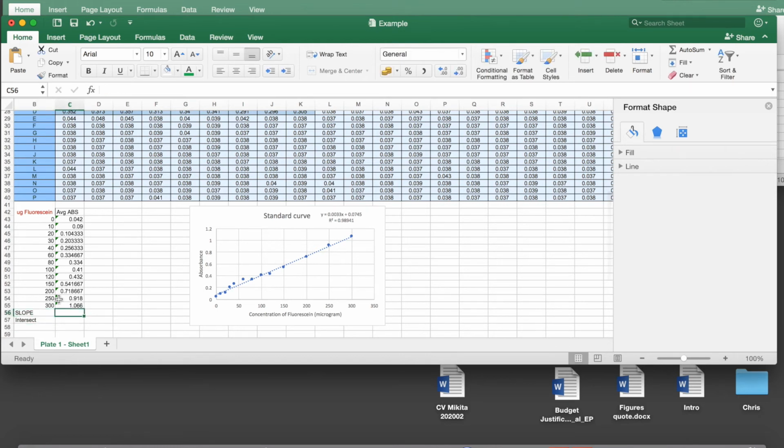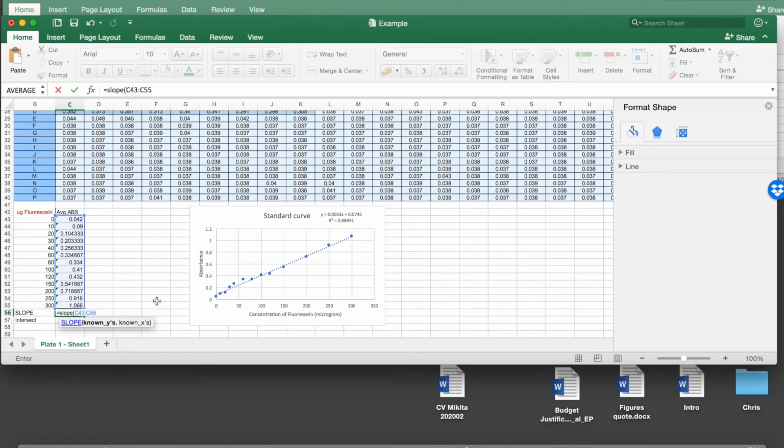So first we add the equal sign and then we write slope, open parenthesis. It's asking what is our y. Our y is our absorbance.